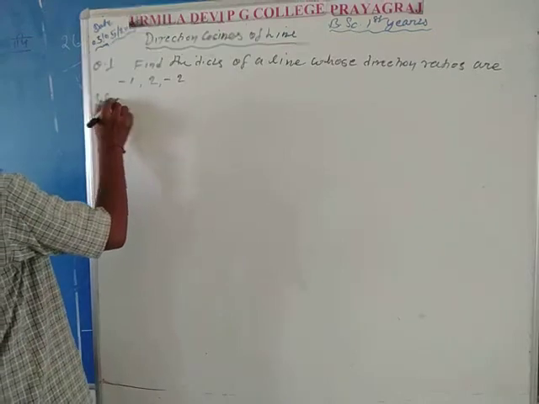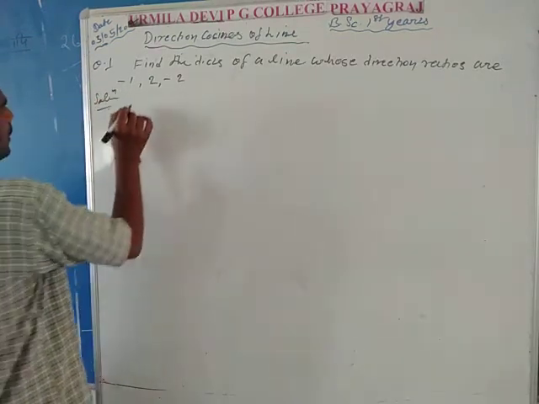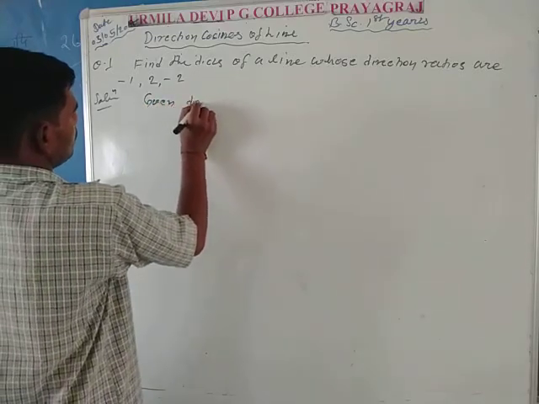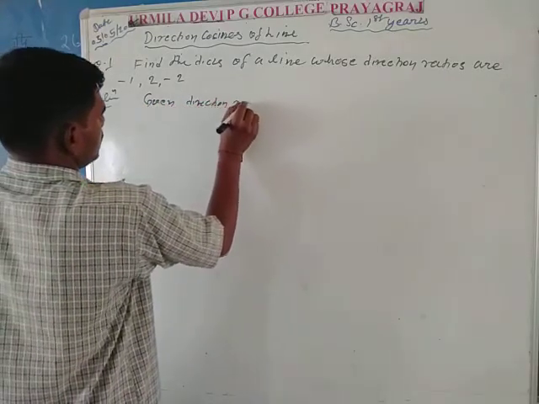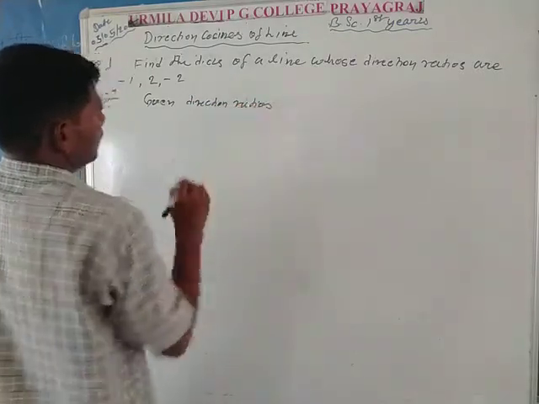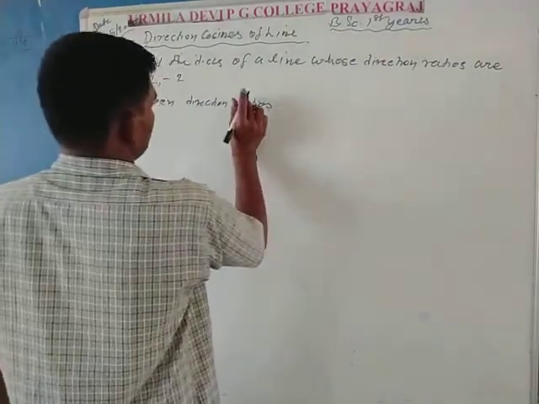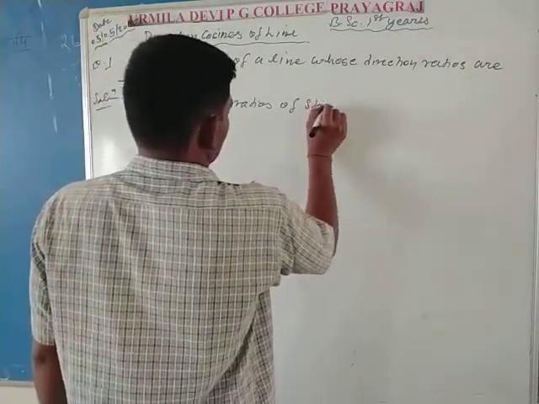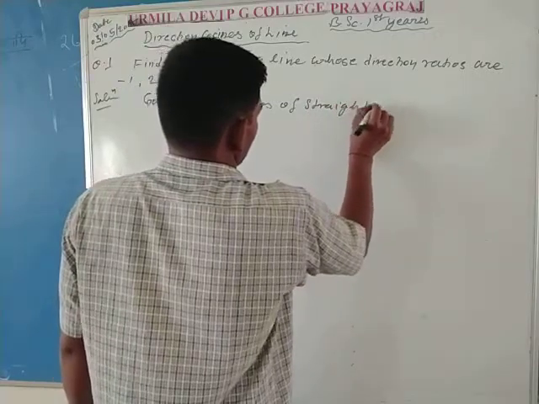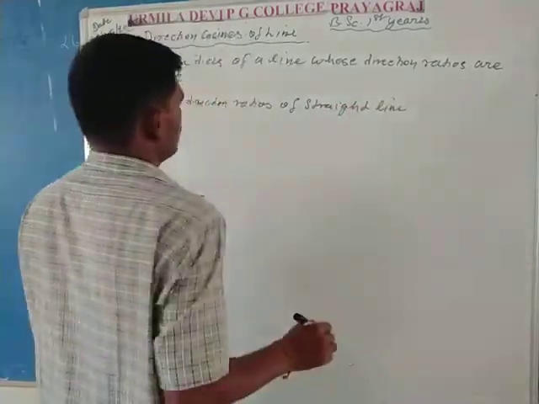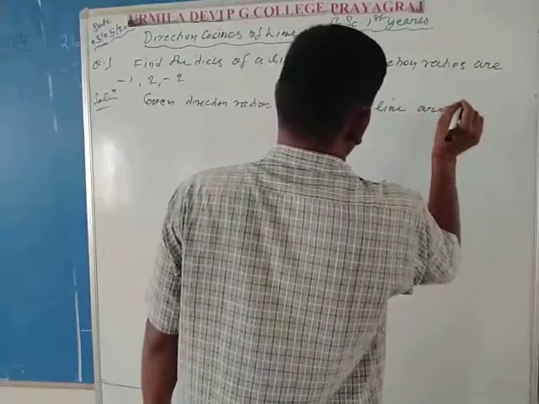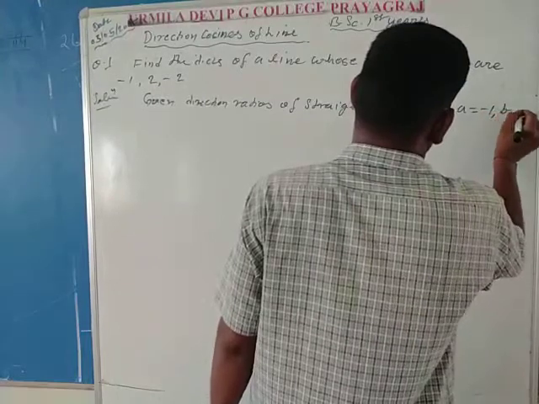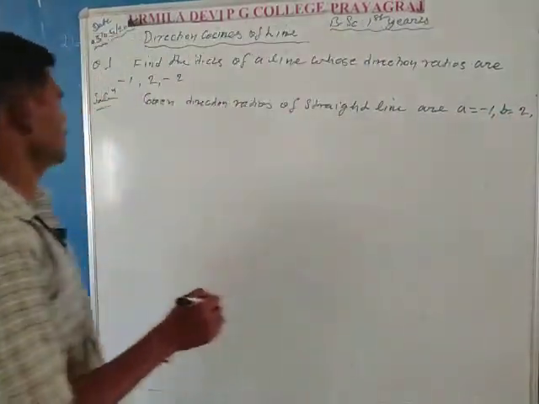In the solution, you can use the direct formula. Given that the direction ratios of the straight line are A is equal to -1, B is equal to 2 and C is equal to -2.